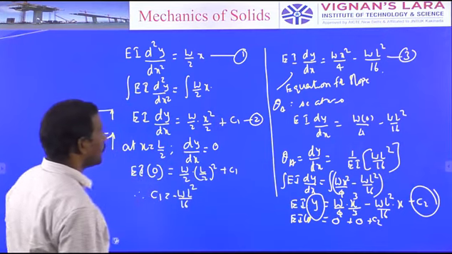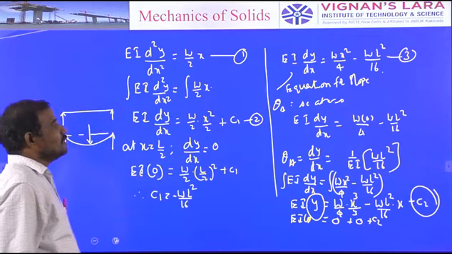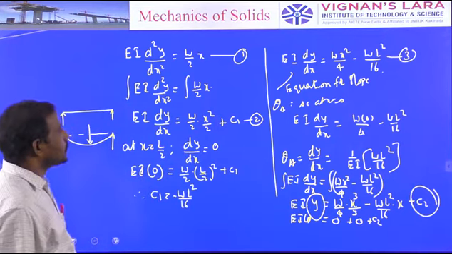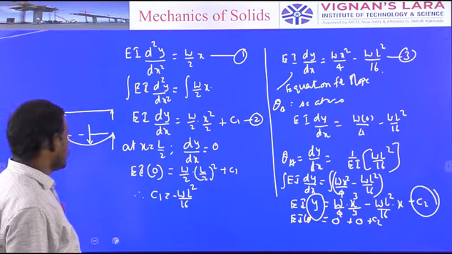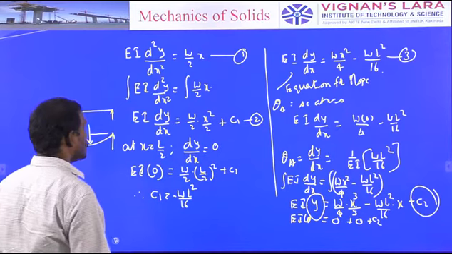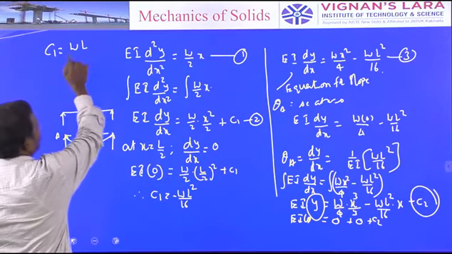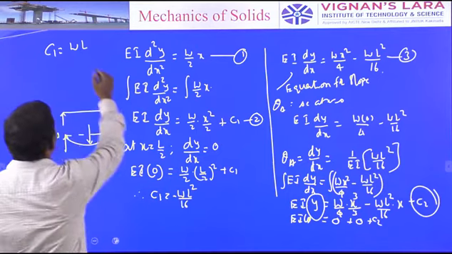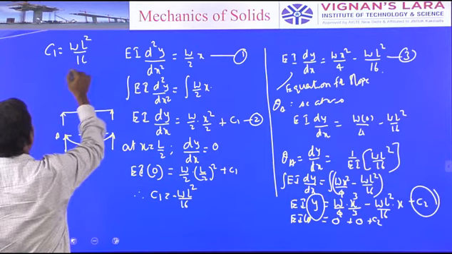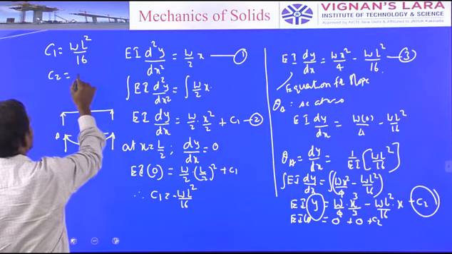So finally what we did, we calculated the C1 and C2 values. C1 is equal to wL square by 16 and C2 is equal to 0.